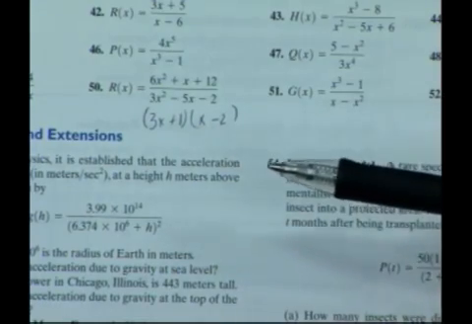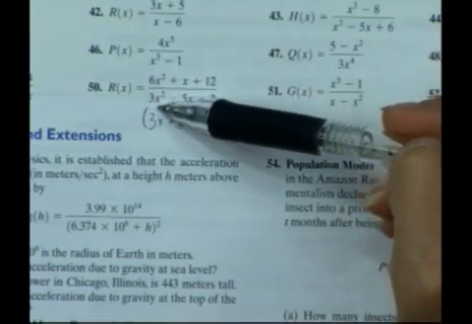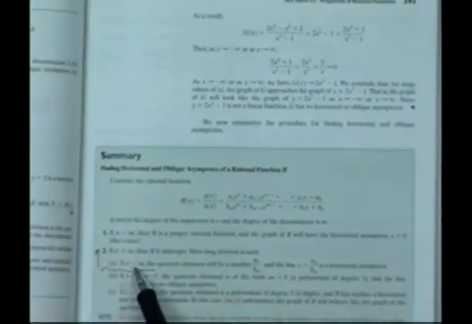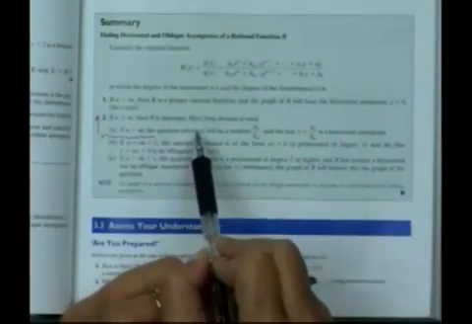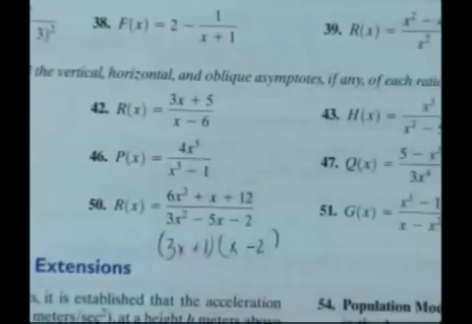Okay, vertical. Horizontal, the degree of the numerator is the same as the degree of the denominator. Little part in number 2 of the summary. The degree of the numerator is exactly equal to the degree of the denominator. So what is the horizontal asymptote?